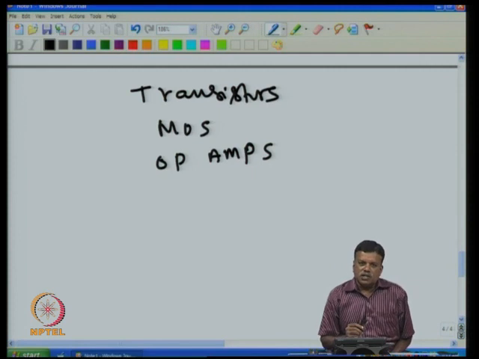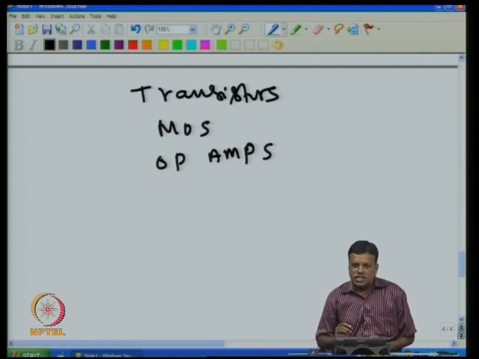Now all these things have to be put together to make a circuit, and the circuit is supposed to perform a given job.